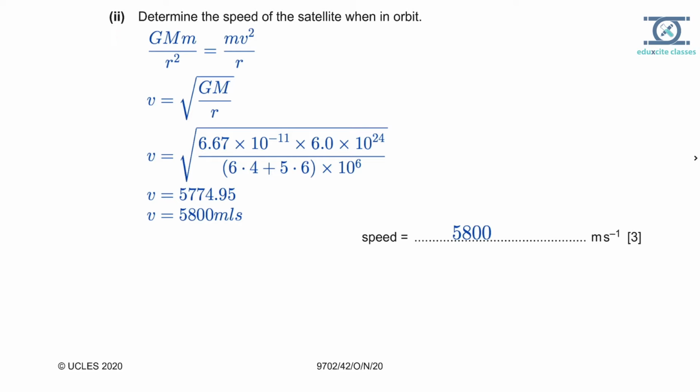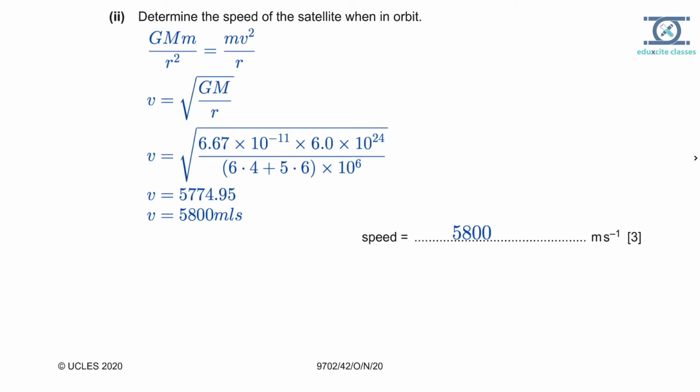Okay, fine. Now question number 2, second part of the same. Determine the speed of the satellite when in orbit. Whenever we have to calculate the speed of the satellite, we equate the centripetal force to the gravitational force. So you will get an expression for V, that is under root G M by r.